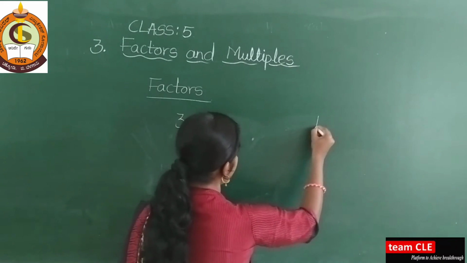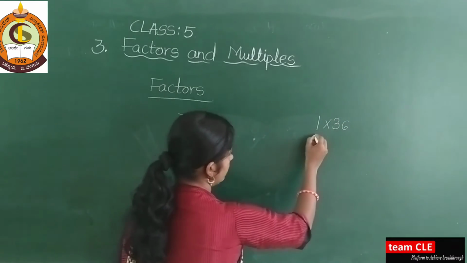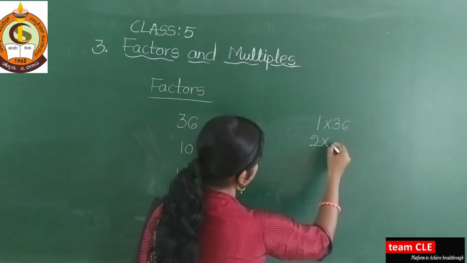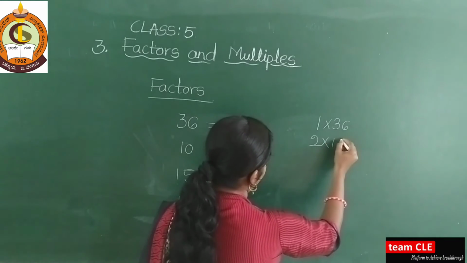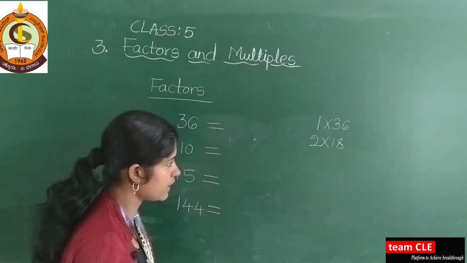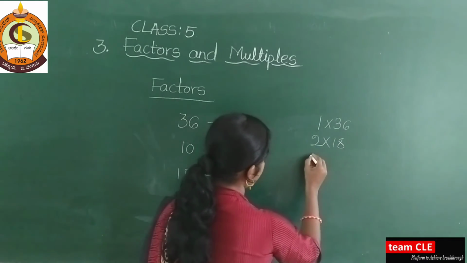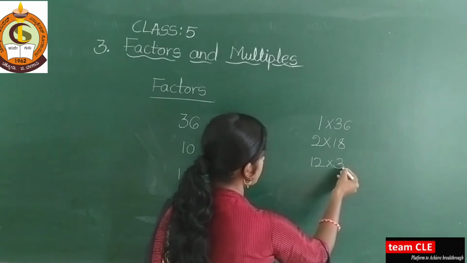So it is there in 1 36s and 36 1s. Next it is there in 2 18s and 18 2s. Next it is there in 12 threes, 36, and 3 12s.